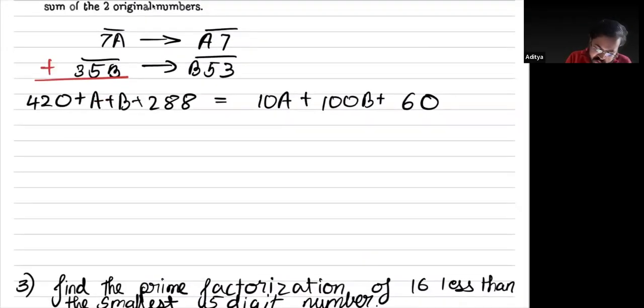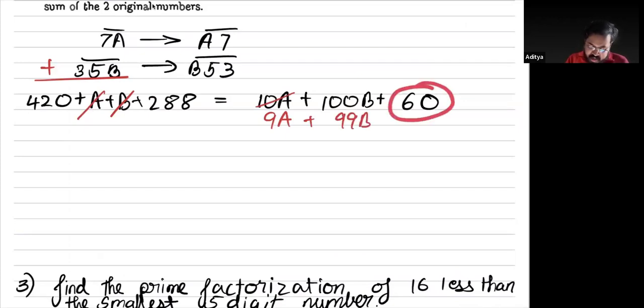After this point, you can see this a and b can get cancelled and you're left with 9a plus 99b. Moreover, this 60 and 120 you can subtract and get 360 remaining.